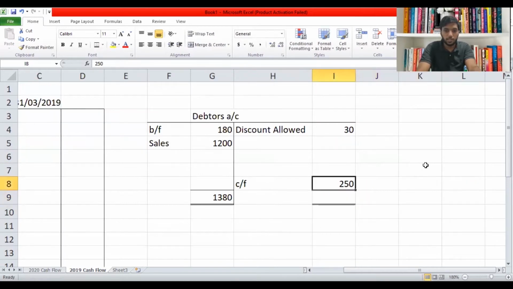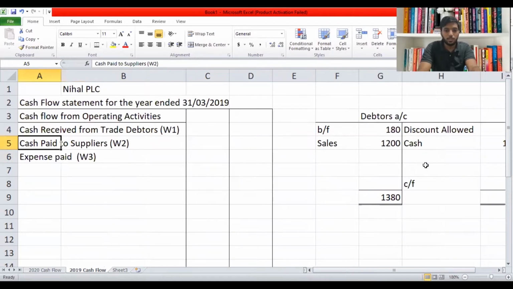From 1,380, I'm going to deduct this 250 and 30, which is 280. So I'll get a value of 1,100. This is the cash received, so I'll take 1,100 as the money which we have received. It's a plus, positive figure.